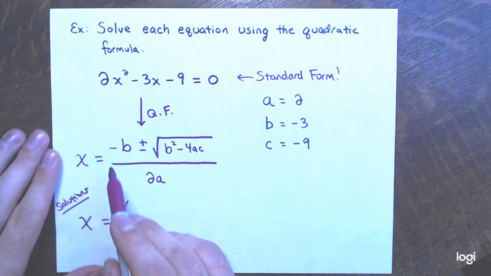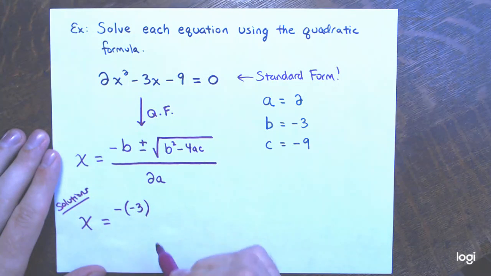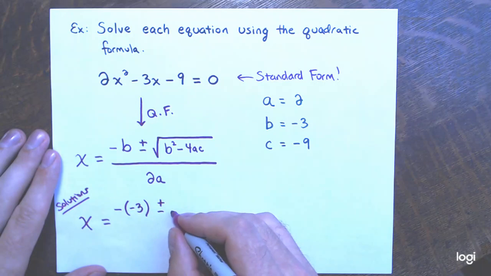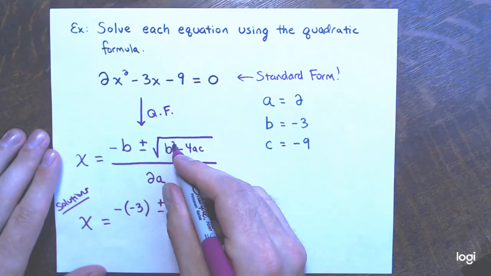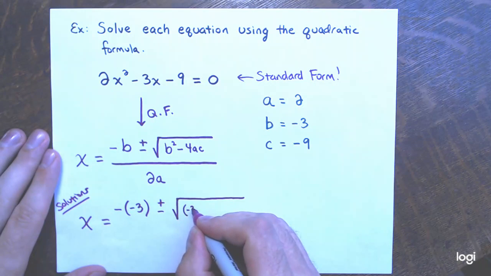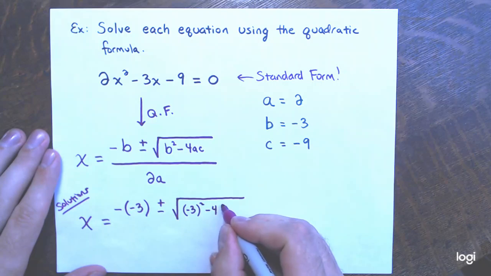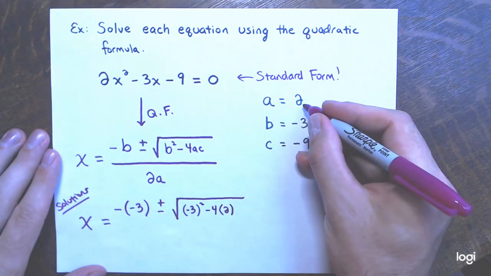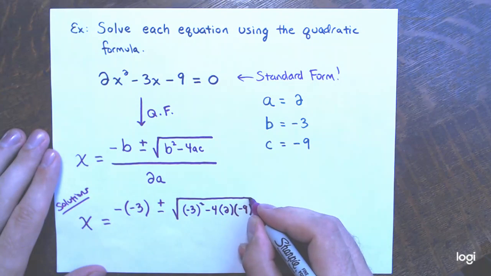So I have negative, the opposite of, negative sign, and then b is replaced by negative 3. And we have one solution with the plus, one solution with the minus, and the square root of b squared, right? So negative 3 squared, then minus 4 times a, again replacing a with 2, times c replaced by negative 9.